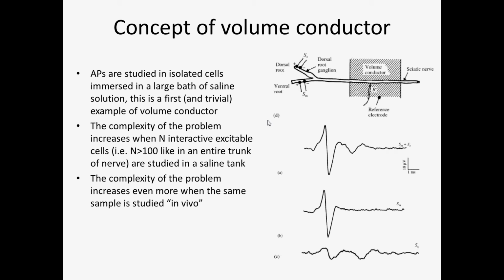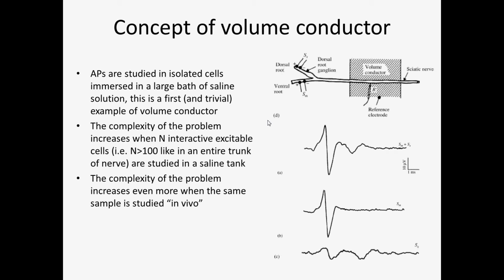So the complexity of the experiment and the complexity of the data change according to the definition of the volume conductor. Often physiologists, particularly electrophysiologists, make an interesting assumption. They say, okay, let's imagine that the human body is a sphere.